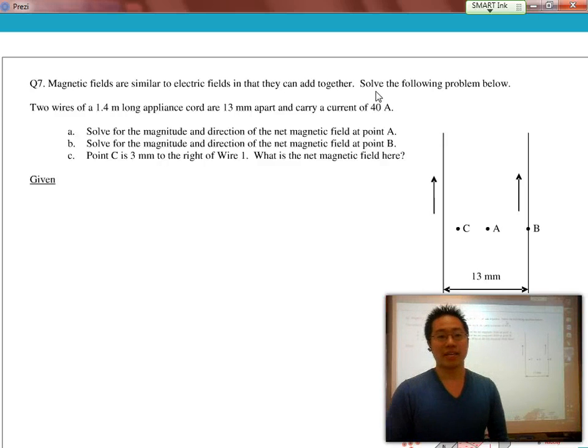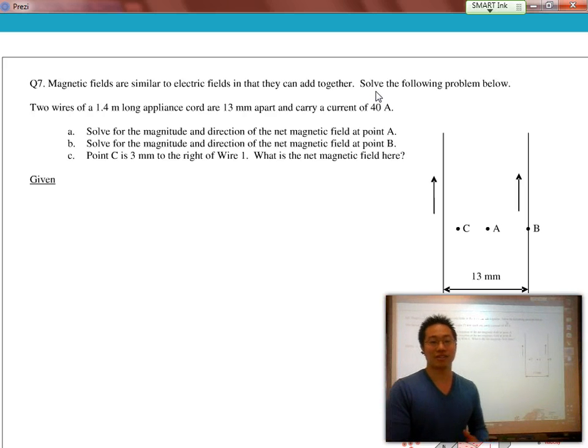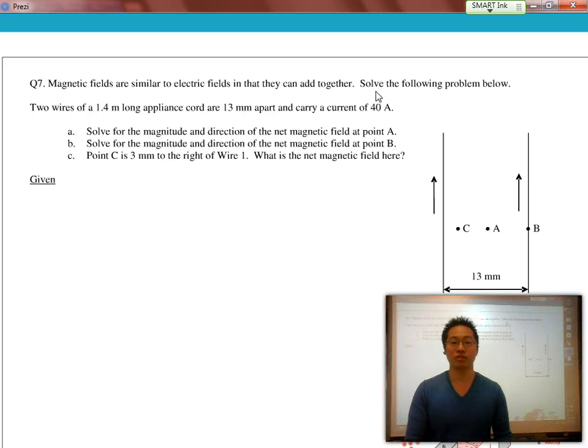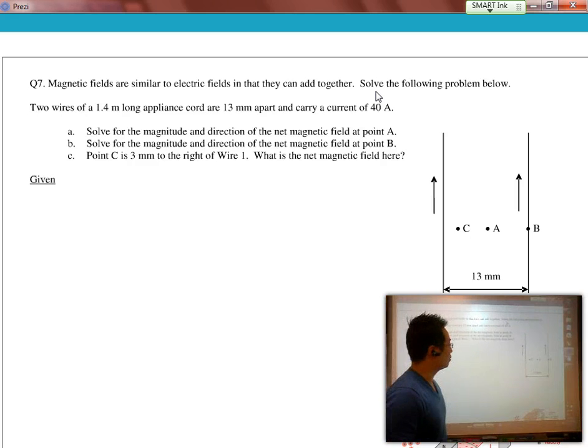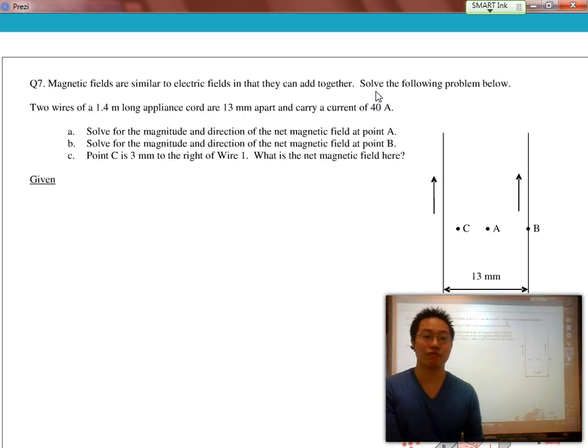Okay. Even if there are two wires, each one produces a magnetic field. They're asking us, in this case, what's the total magnetic field created at any given point? And we're going to solve for the total magnetic field at A and C. Because magnetic field is a vector, we have to solve for the direction first of each wire.